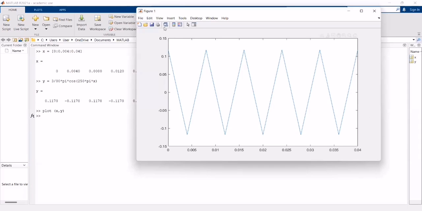Okay, then we got our graph and label for the x-axis, which is time in second. For the y-axis, we put current in ampere. We must also title the graph, which is current versus time.